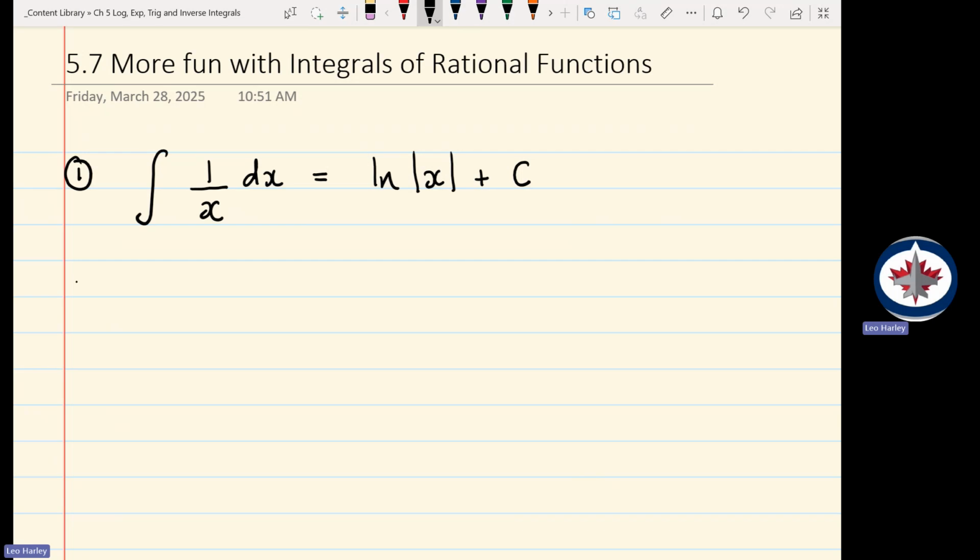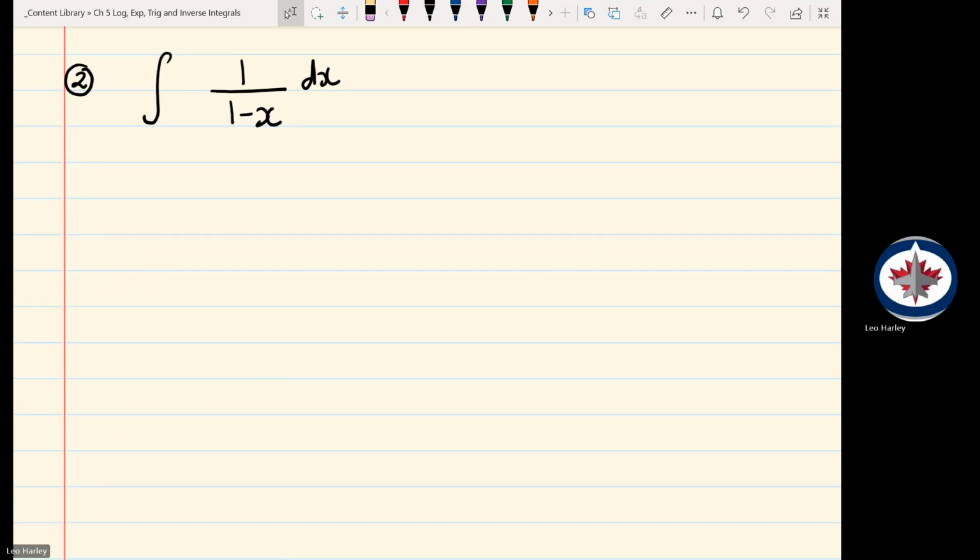Number two. The integral of 1 over 1 minus x dx. Be careful.